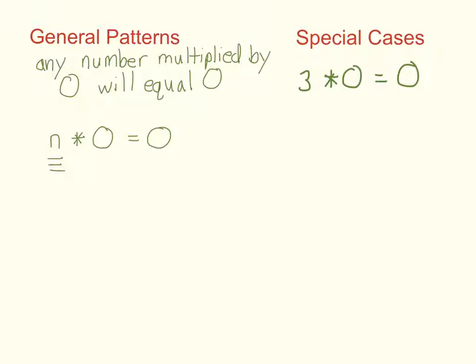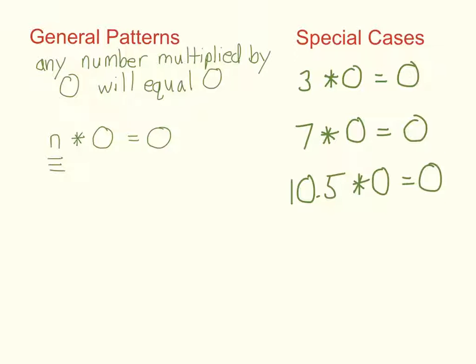Okay, that works. Let's try 7. 7 times 0 equals 0. Let's try 10.5. 10.5 times 0 equals 0. So a special case is just testing out the general pattern.